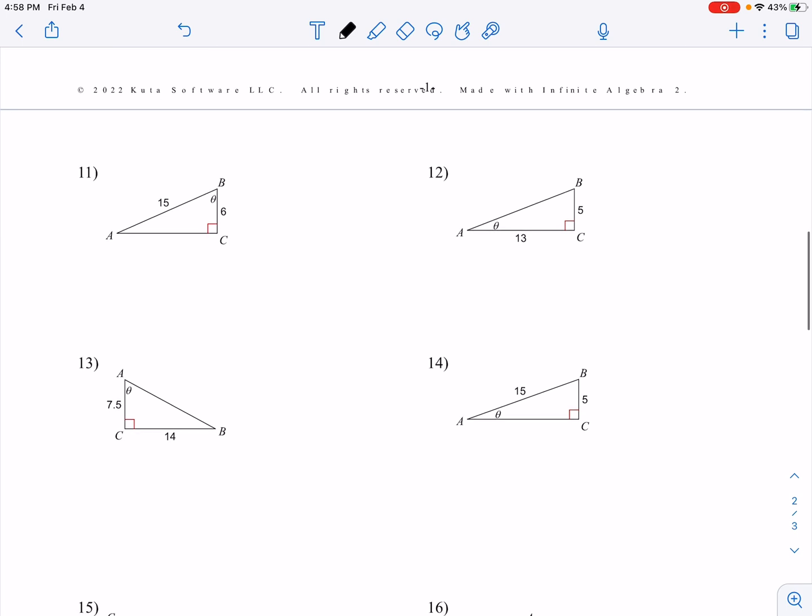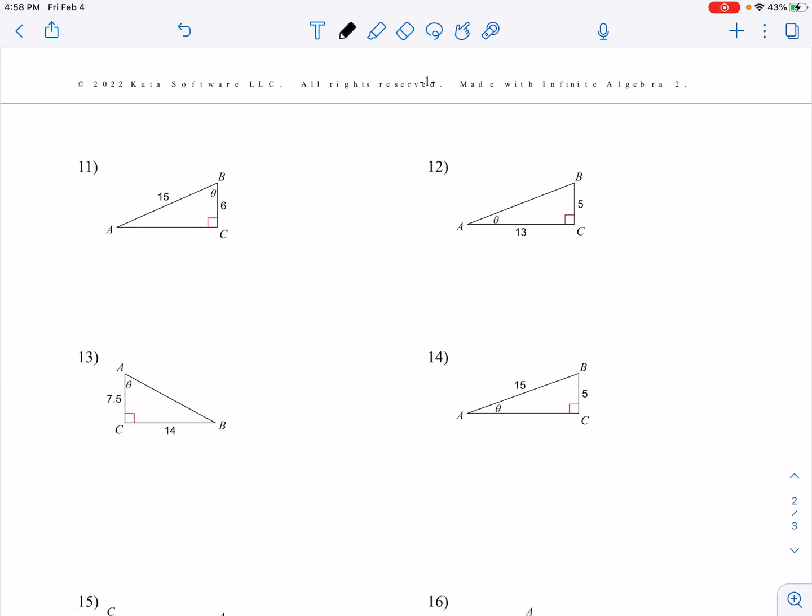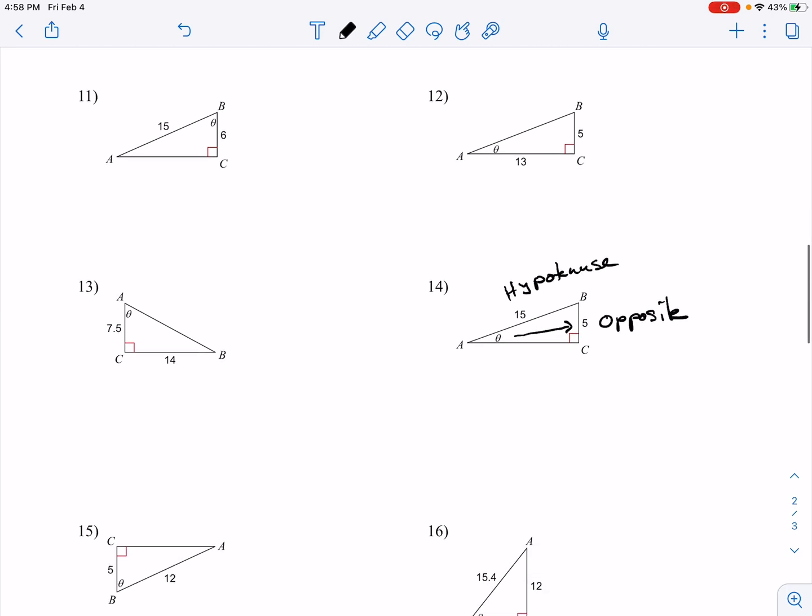Okay, let's find one that's sine. Okay, number 14 is sine. This is opposite of the angle, and here's the hypotenuse. So we have sine because it's opposite hypotenuse. The sine inverse of 5 over 15, opposite over hypotenuse, will equal the angle.